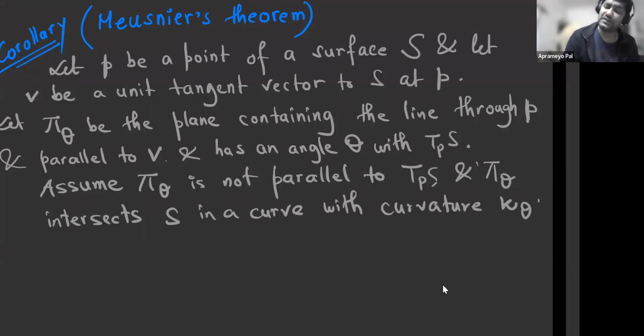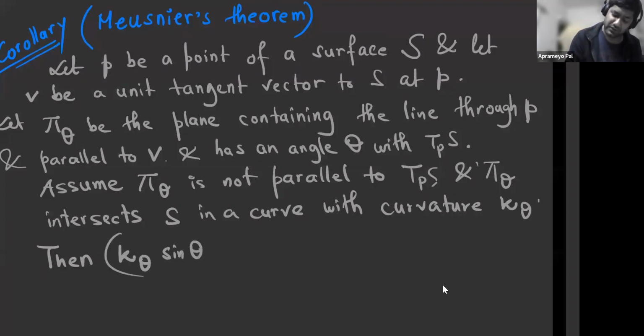So you are assuming the curve obtained by the intersection is gamma theta, and the curvature of that curve is kappa theta. Then the statement of the theorem says that kappa theta times sine theta, the product, is actually independent of theta.